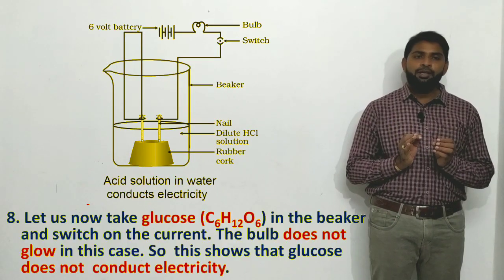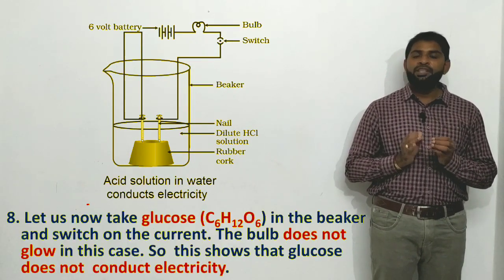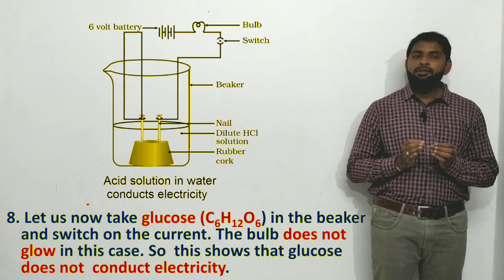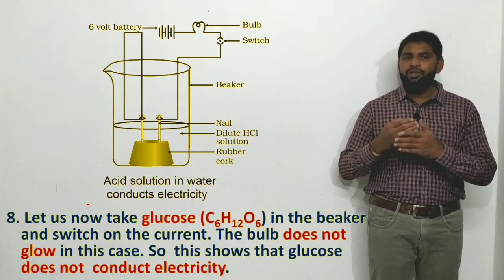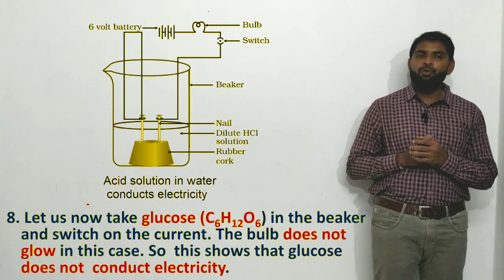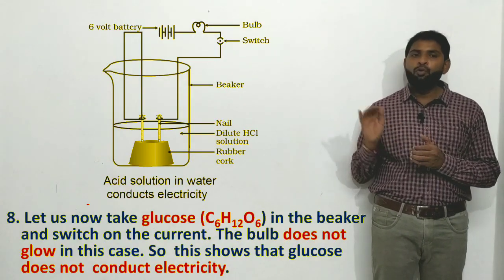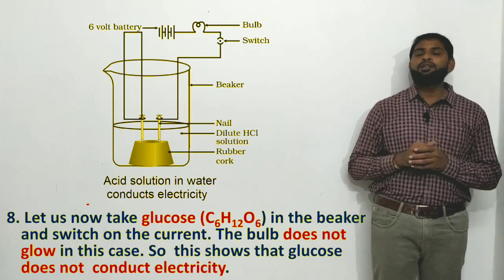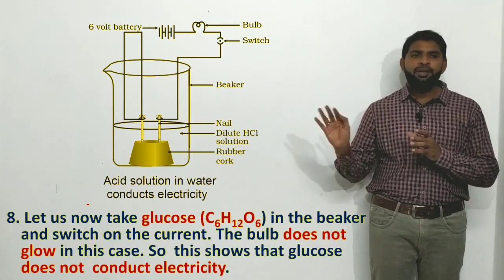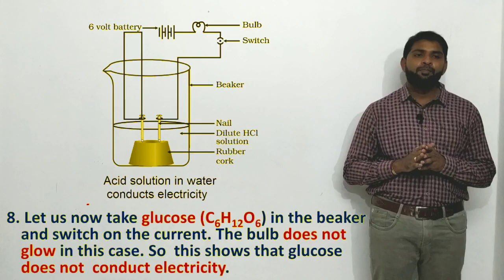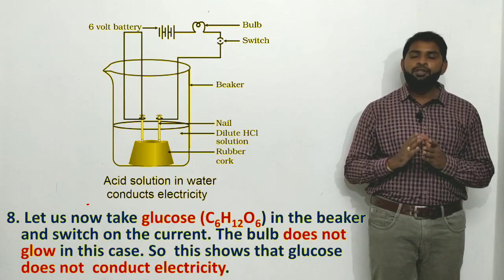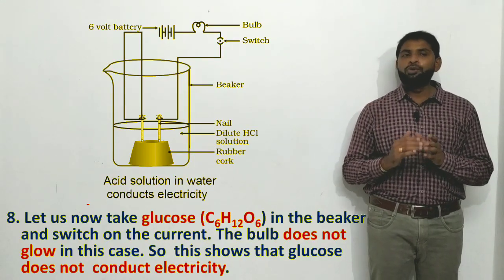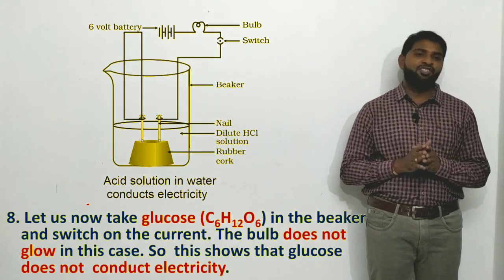Let us now take glucose in the beaker and switch on the current as usual. The bulb does not glow in this case. So this shows that glucose does not conduct electricity.